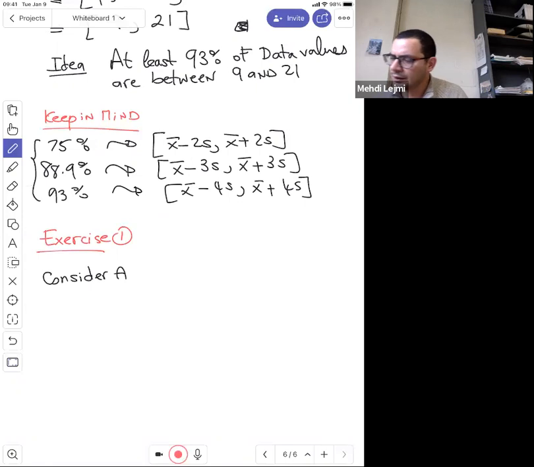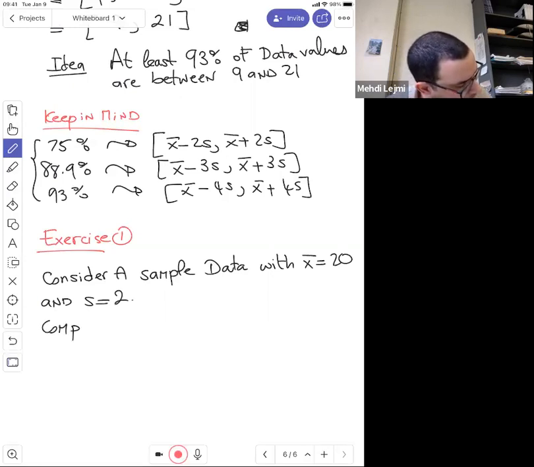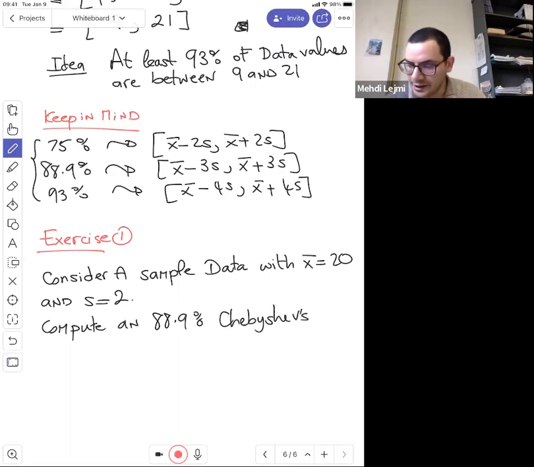Consider sample data with x bar, the mean, equal to 20, and s, the standard deviation, equal to 2. Please try to compute the 88.9% Chebyshev's interval around x bar.